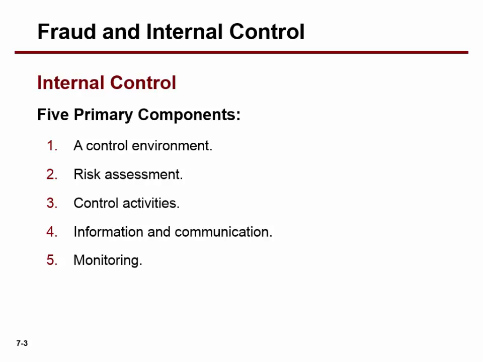Then we communicate to our employees what their responsibilities are under the internal control, what they have to carry out, and then we monitor to see that the internal controls are achieving the objective of safeguarding assets and ensuring reliability in financial reporting. Once we monitor, we take that back up to the board of directors, the audit committee, the top of the company. They make decisions, they assess risks. So this could have been put into a circle, right? And we have safeguarding of assets and reliability of financial reporting as our objectives, and this is the way that we achieve them.